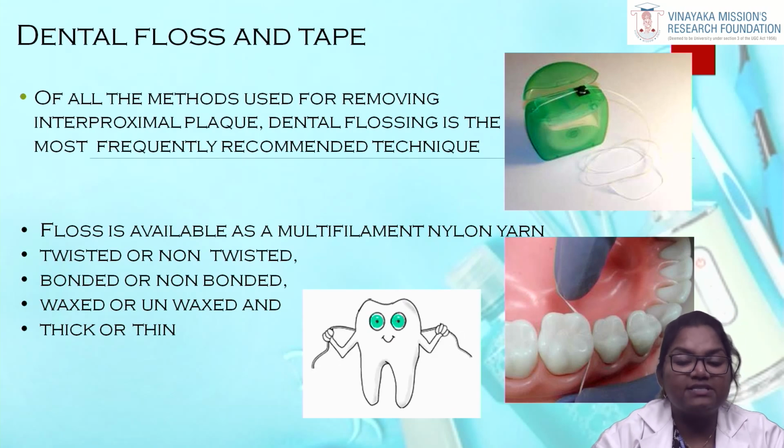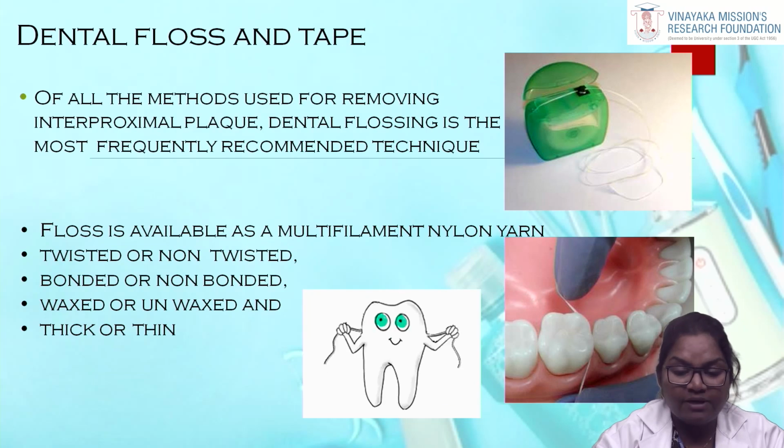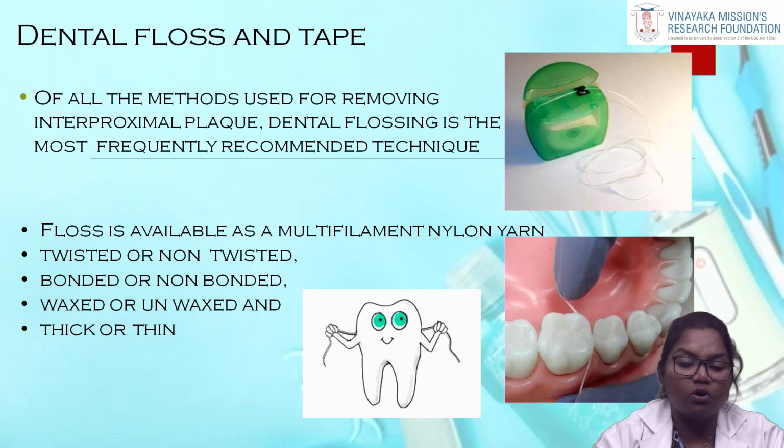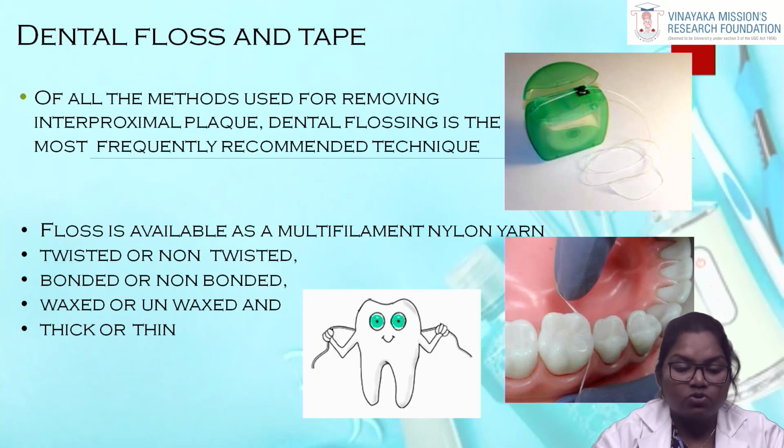The floss is available as multifilament nylon yarn. It can be twisted or non-twisted, bonded or non-bonded, waxed or unwaxed, thick or thin. All of these have their own advantages and disadvantages.